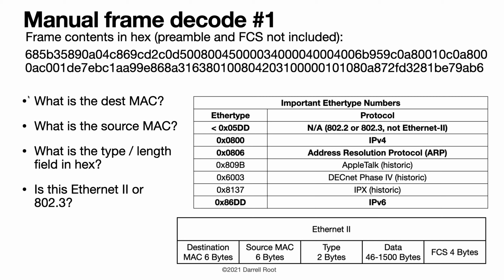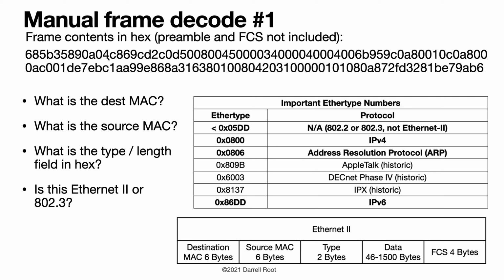So what is the destination MAC address? Well, here is our Ethernet 2 frame format, and the destination MAC address is the first 6 bytes, which is the first 12 hexadecimal characters, because each hexadecimal character is half a byte. So 68, 5B, 35, 89, 0A, 04.